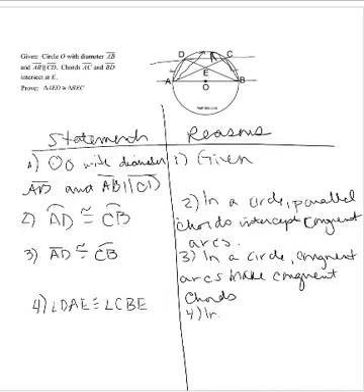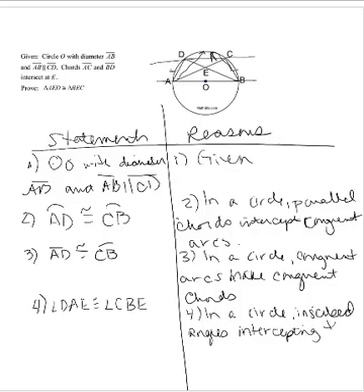And we can say in a circle, I believe this was in yesterday's proof, inscribed angles intercepting the same arc are congruent. And that gives us an angle.